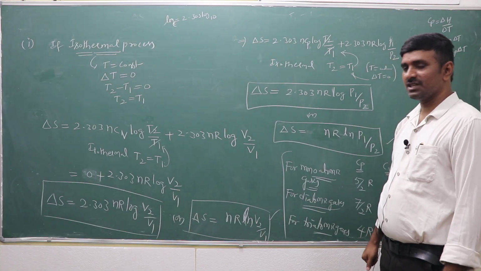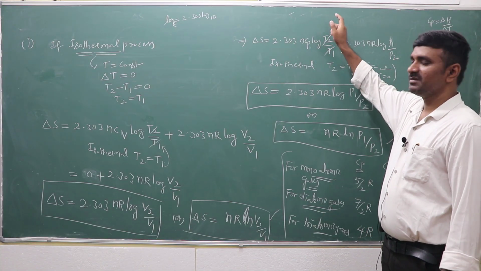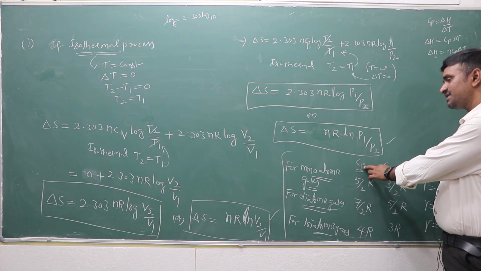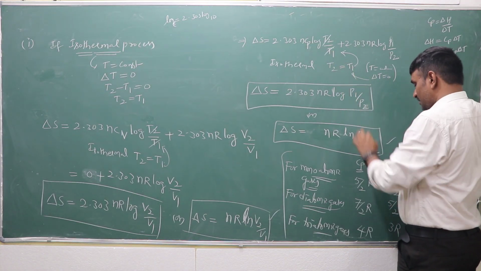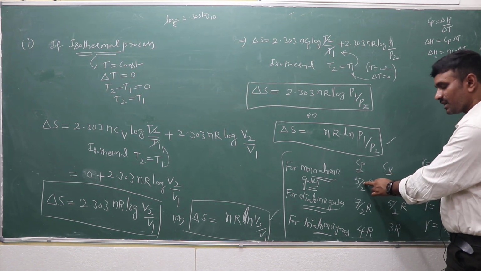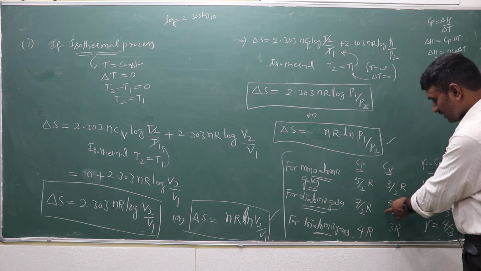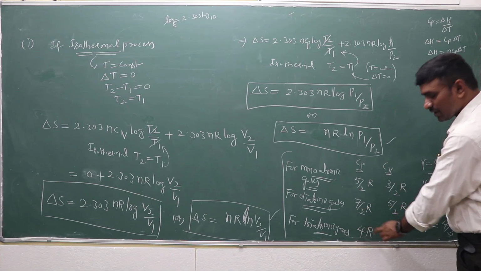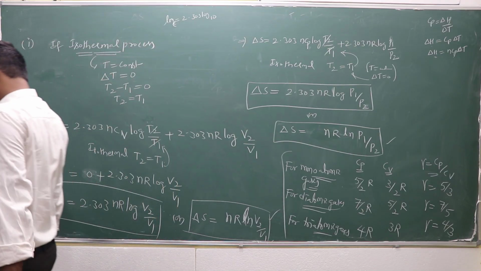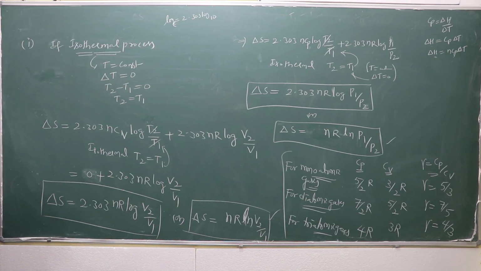How to convert Cv to Cp? Cp minus Cv is equal to R. Or if Cv is given and Cp is not mentioned, Cp is equal to Cv plus R. That means 3 by 2 R plus R is 5 by 2 R. Then 5 by 2 R plus R, 7 by 2 R. 3R plus R, 4R. Right? You can use those relations also.